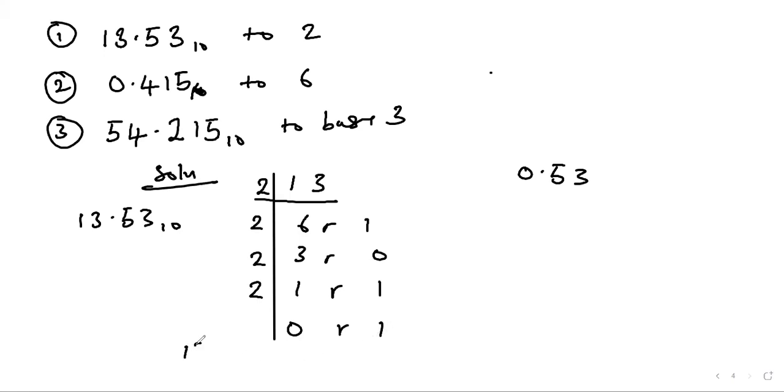So 13 base 10 equals what? You read it from down to top. It will be 1101 base 2. Then for the decimal part, we do multiplication.